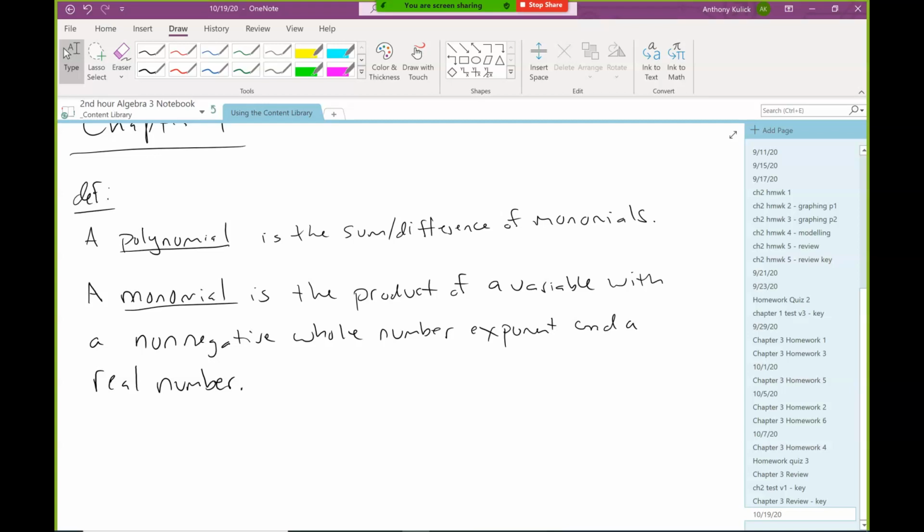So let's do a couple of examples here, or actually probably more like several, just to make sure that we can figure out what's a monomial.